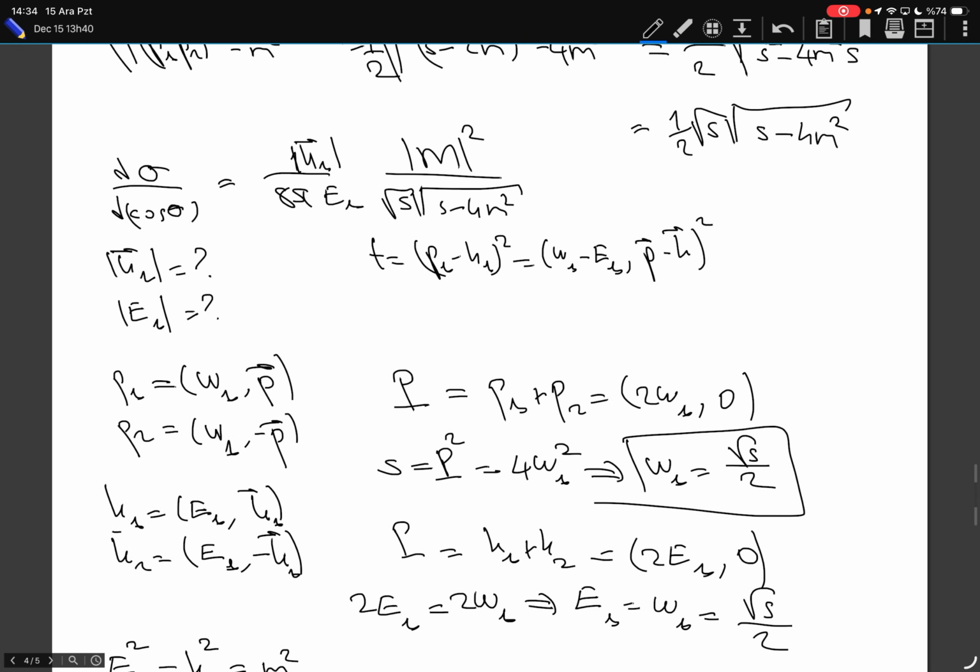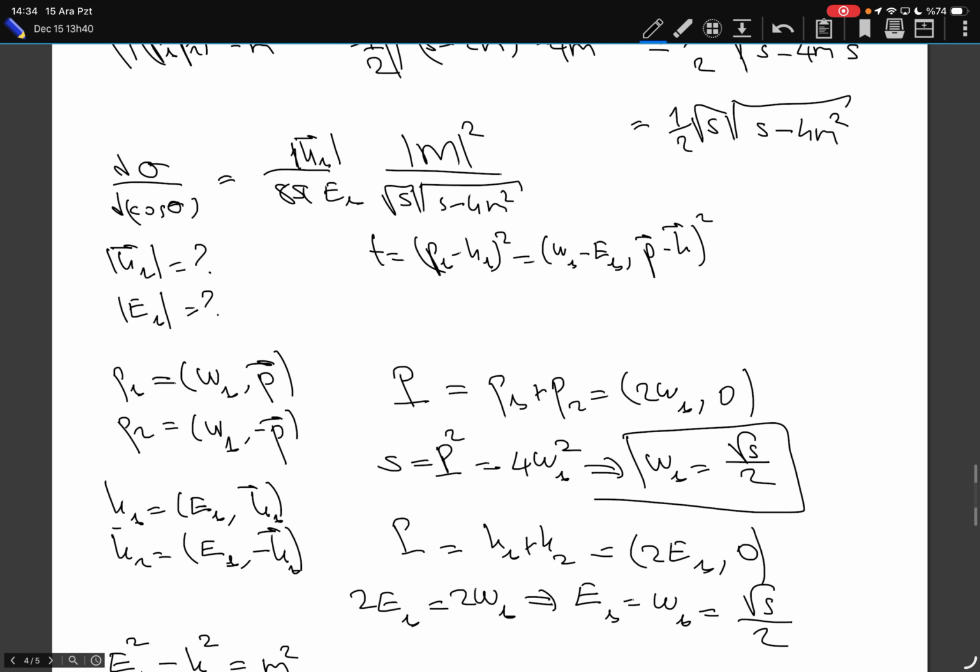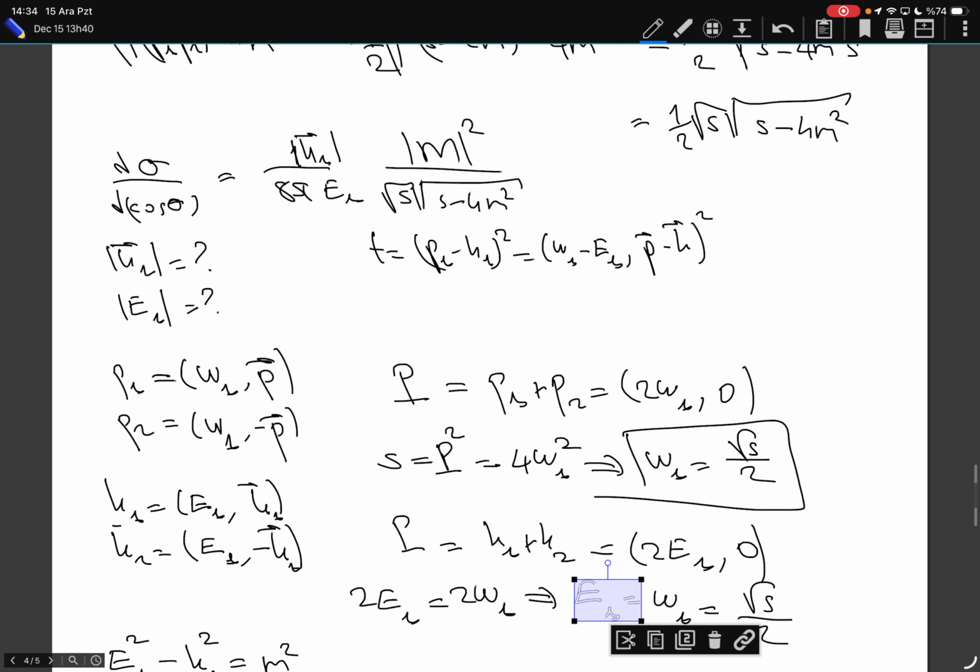And remember, omega 1 and E1, they are the same thing. They are both square root of S over 2. This is omega 1, this is E1. They are equal. So this is actually 0. So T is minus P minus K squared.